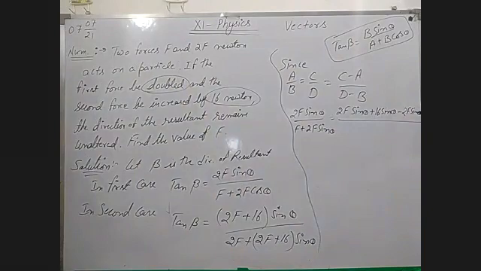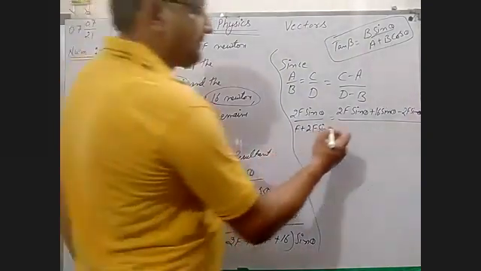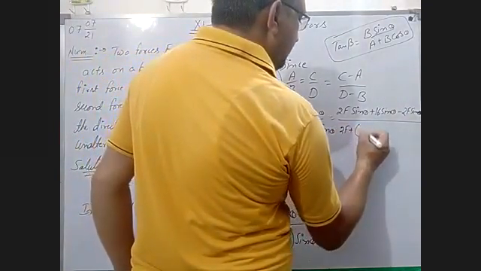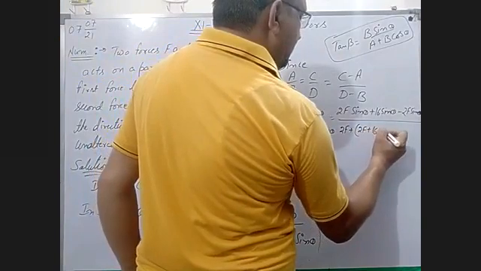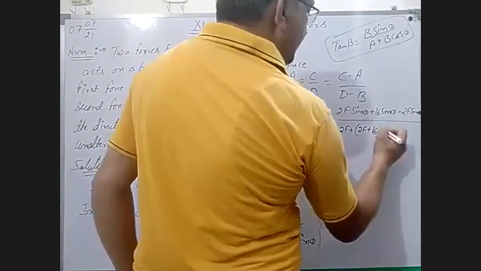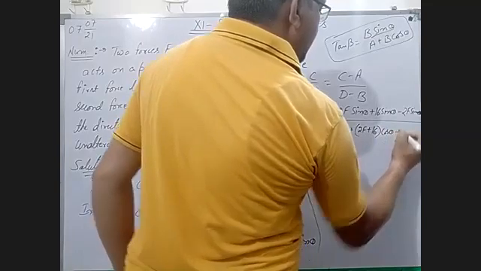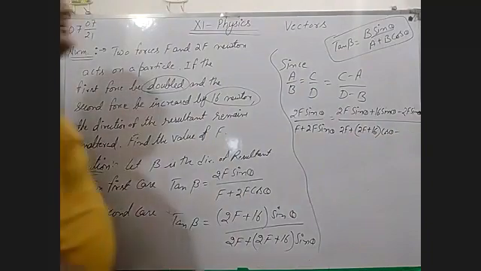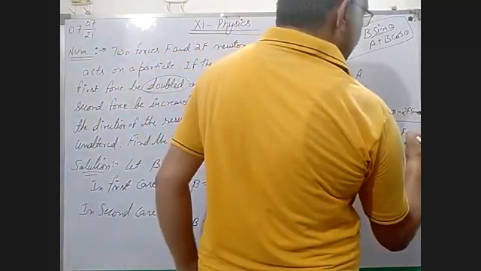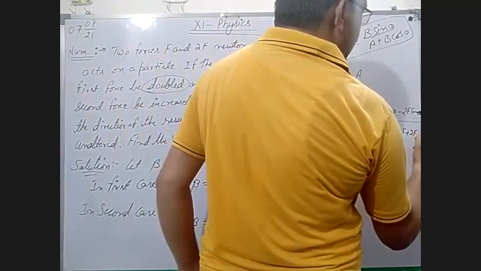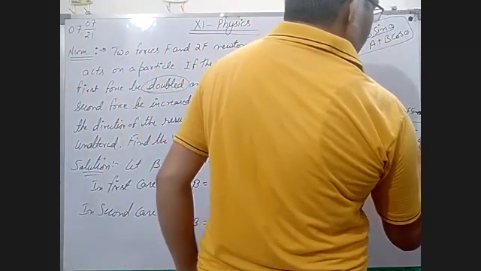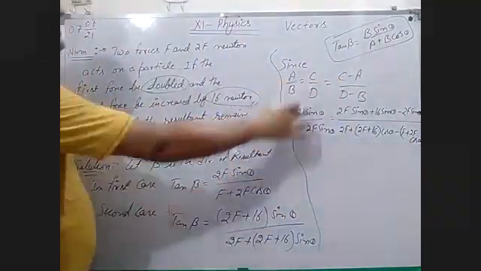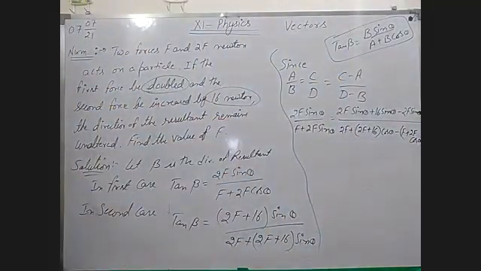2F plus 16 cos theta minus F plus 2F cos theta. You have to use this logic to solve this equation.